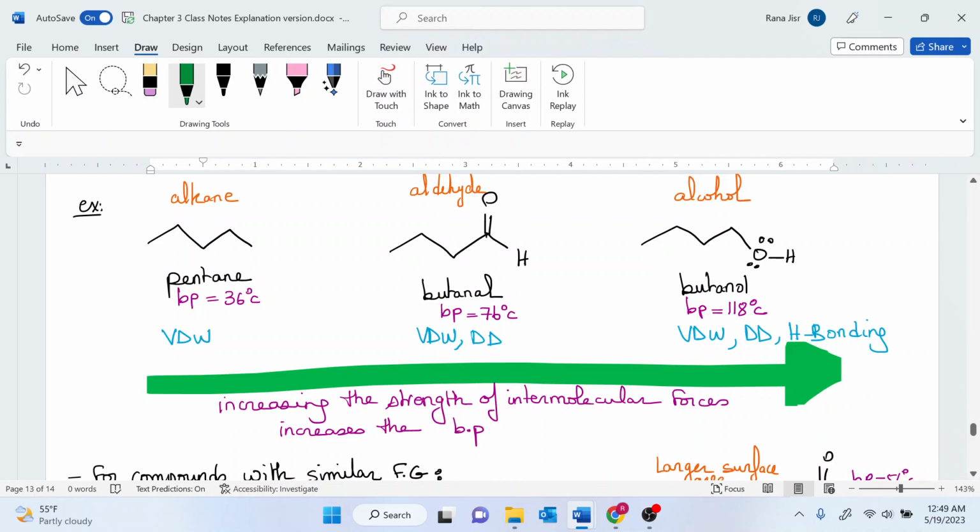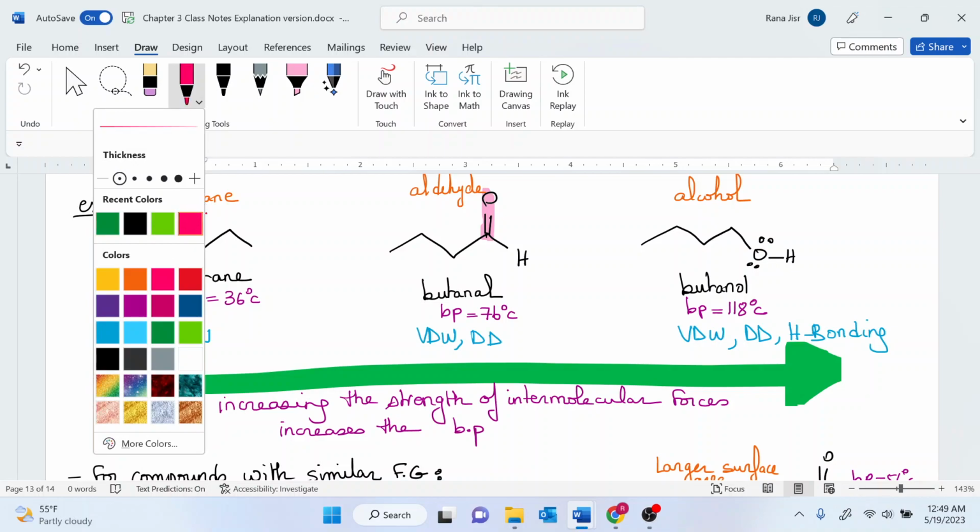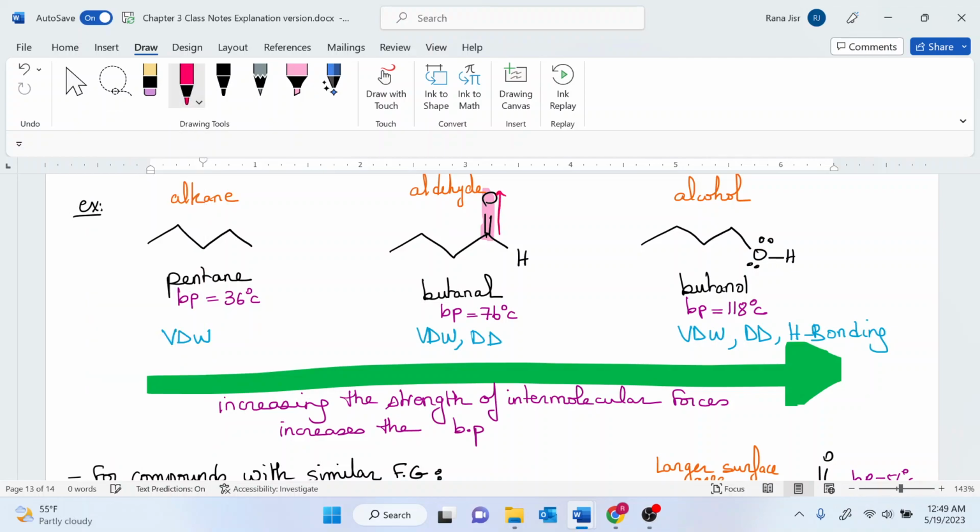Alkane only has van der Waals forces. The aldehydes, on the other hand, have a dipole between the carbon and the oxygen. This is the only polar bond in the aldehyde. This dipole creates two charges, a partial positive charge on the carbon and a partial negative charge on the oxygen.